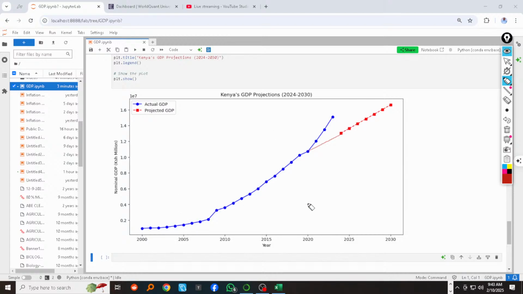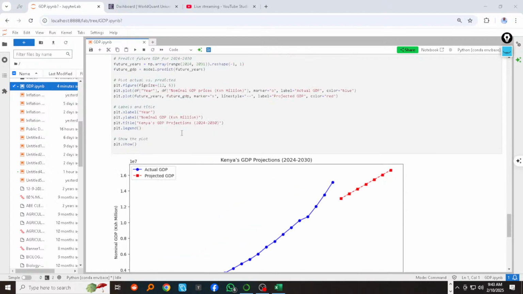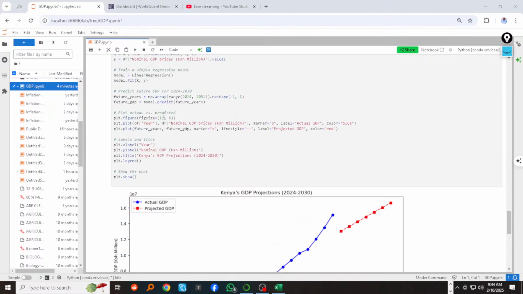So I want it printed. Just a minute. Let me just remove that for a minute. So here we see, okay, predict future values. So that one, we have this, actual versus predicted.